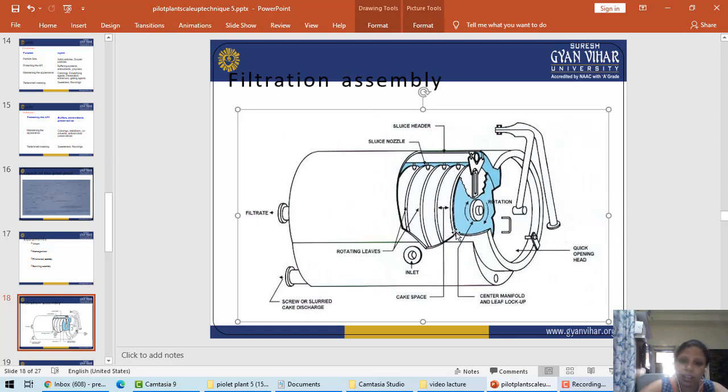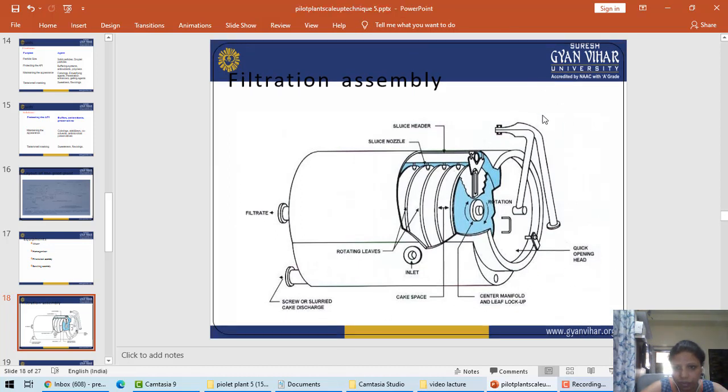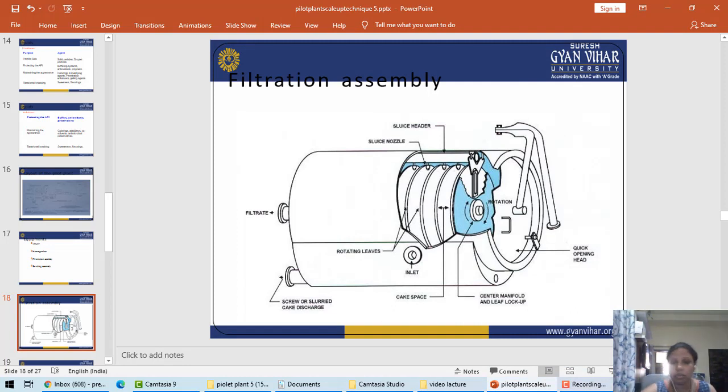And this unseparated thing, that is cake, we can collect from here, the cake discharge unit. So here you can see this is a filtration assembly which is extensively used in the formulation of liquids.